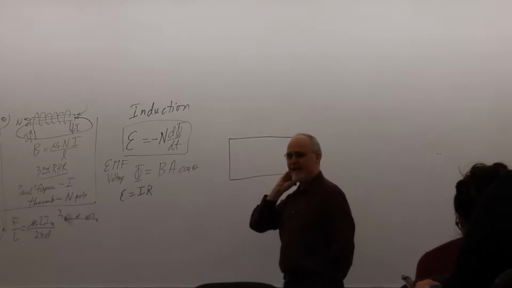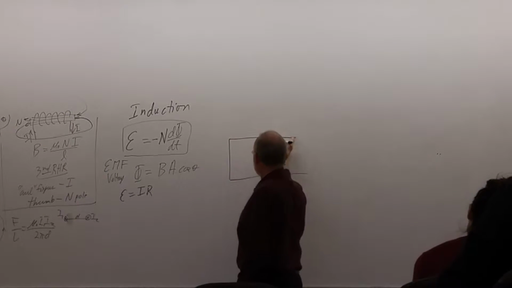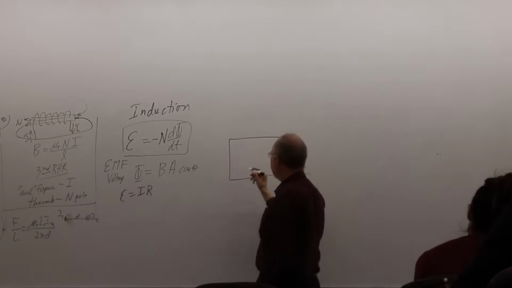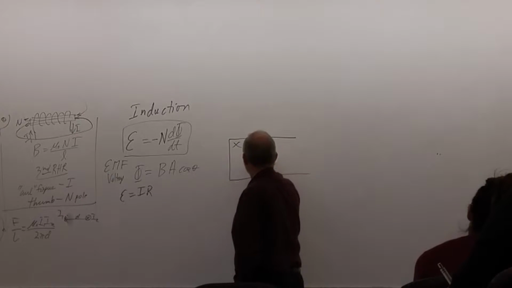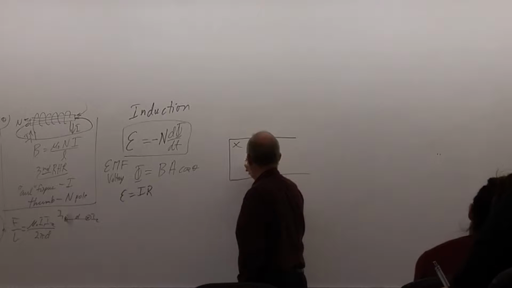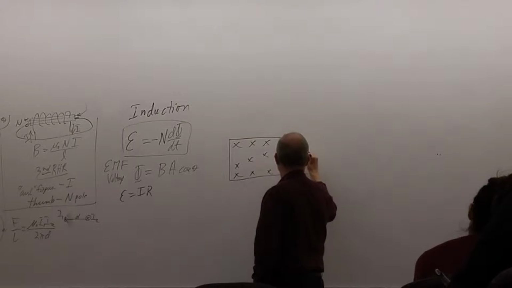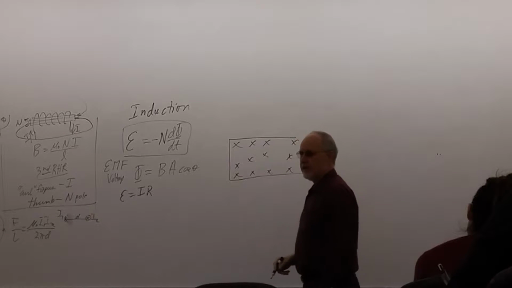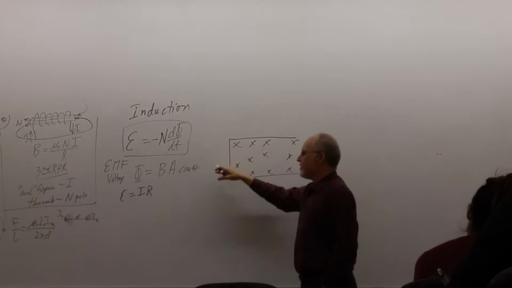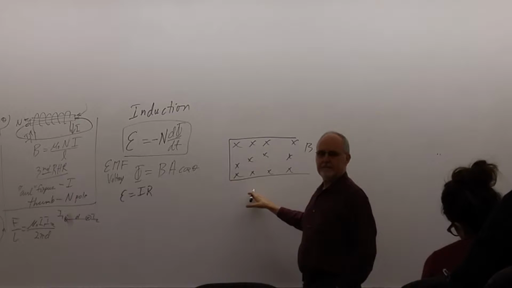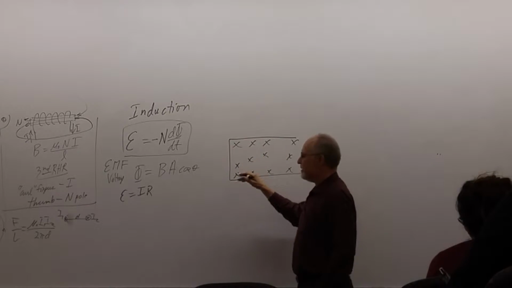Going to do the changing area. Let's say we've got this wire going like that, and we've got a magnetic field going into the board in that region. Now, outside of this, I don't care what's happening. Just looking at inside of this.